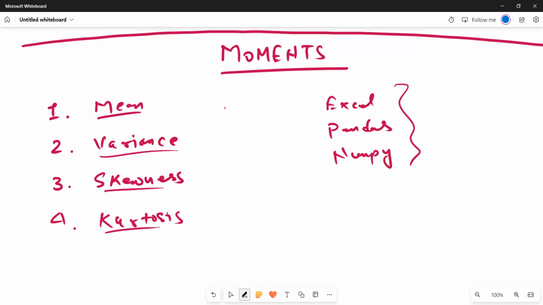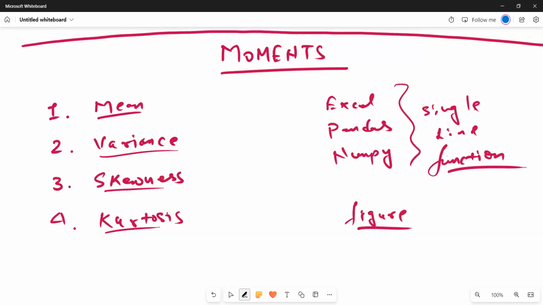Everywhere you have a single line function, one single function that can be used to calculate all these moments in a fraction of a second. But the idea is, you'll get a figure against all of this, which is basically a single number. You have to understand what that number is representing. For that, you need to understand the concept behind all these terms.